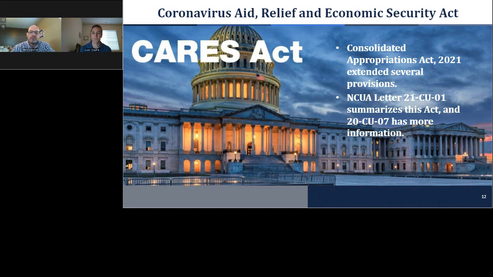That particular provision, which I think has a significant impact on credit unions because it's a lending function, was extended through January of 2022. If we were to do some forecasting, there could be a situation where that would be extended even further, again based on the pandemic. That would be the big trigger there.